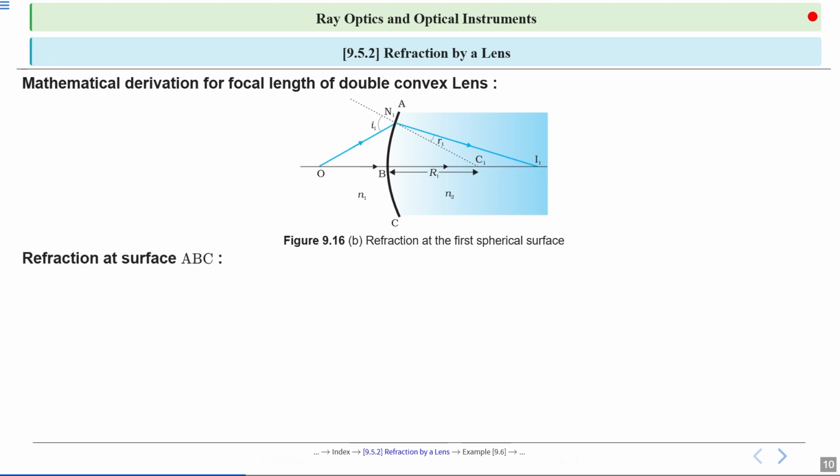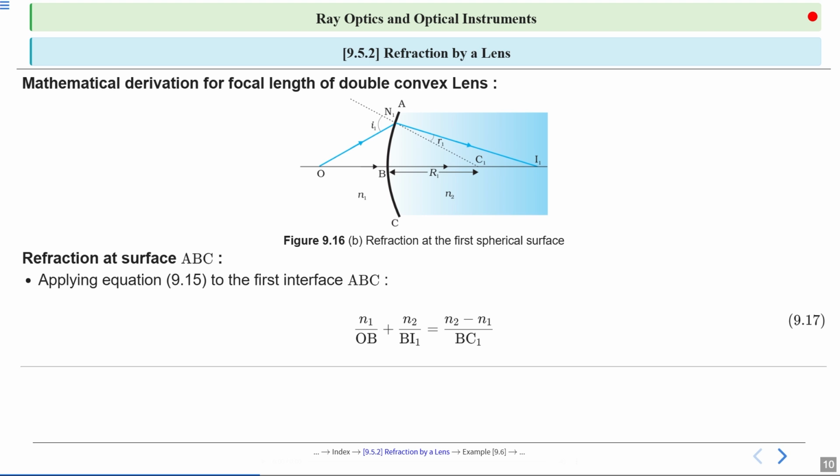Refraction at surface ABC, applying equation 9.15. What is equation 9.15? That is the equation taken from the derivation of refraction through a spherical surface, a topic we discussed yesterday. We are using that equation here for the first interface ABC.